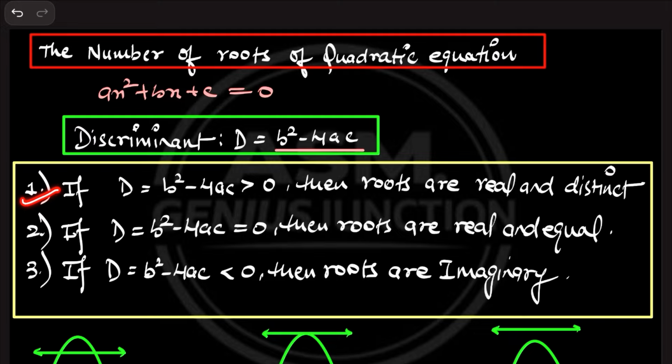Case 1 is represented by this figure in which a quadratic curve has two solutions, right? In case 2, a quadratic equation has only one solution, and in case 3, the quadratic equation does not have any solution. It is not intersecting the x-axis, right? Let's move on to understand this concept in detail.